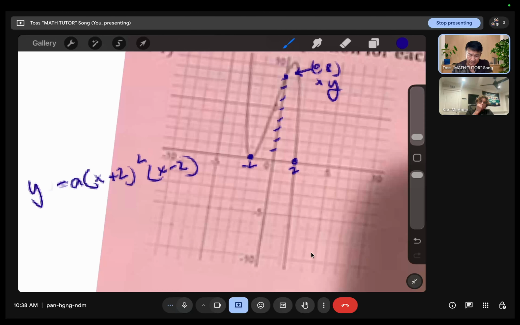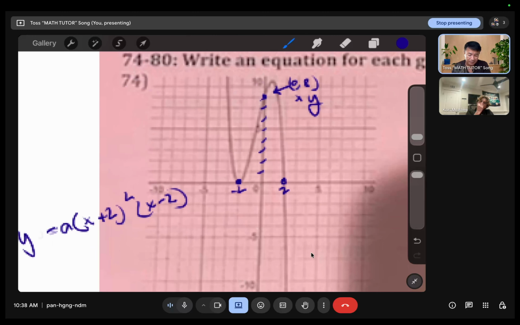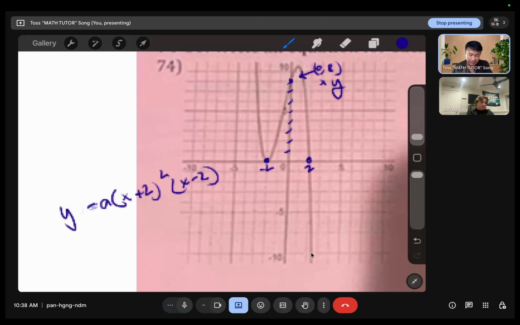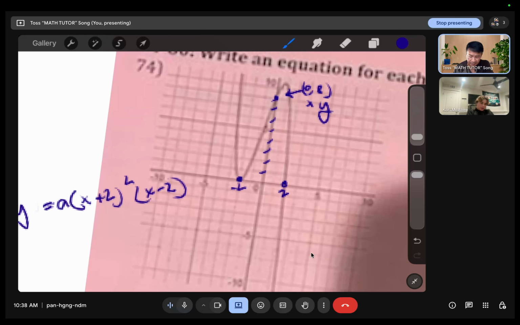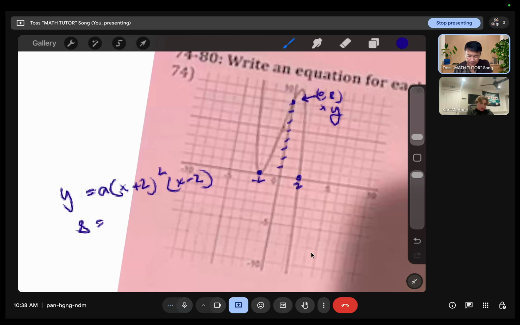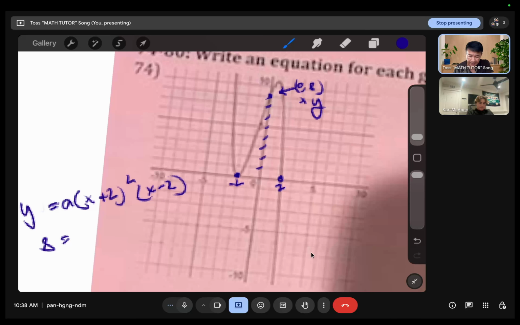It's nice that one of them is 0, but it just happens to be this graph. So it's nice to use it because you can get it really fast. So here we go. I'm going to solve for a. Your y is 8, so substitute y with 8. And then a you're trying to solve for. X being 0, all of them.